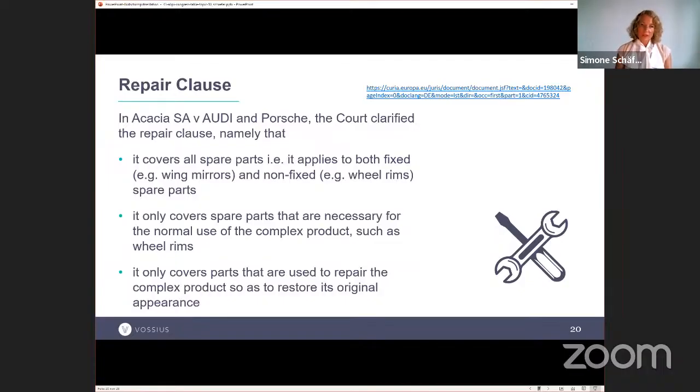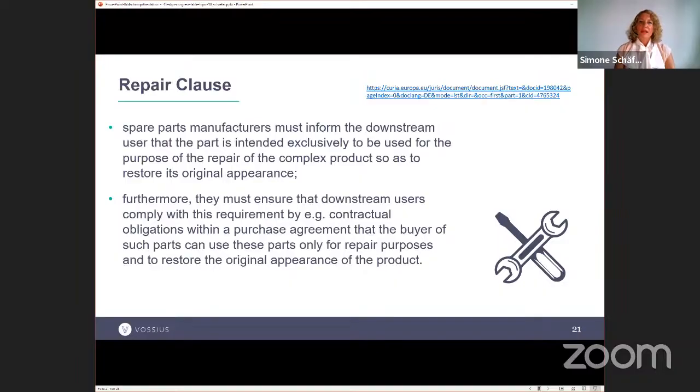So both fixed spare parts and non-fixed spare parts, for example, wing mirrors and also wheel rims. And further, it covers spare parts that are necessary for the normal use of the car. And it only covers parts that are used to repair the complex product, to repair the car, to restore the original appearance.